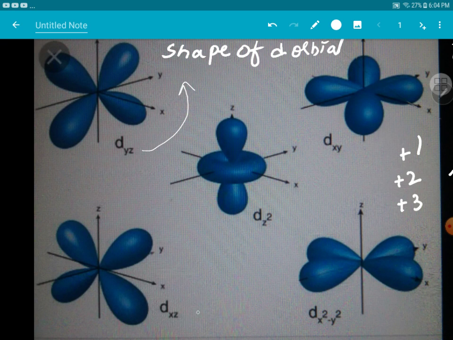XZ is also anti-clockwise. In this picture, if the axes rotate anti-clockwise, the direction of DYZ is right hand side and DXZ is left hand side.